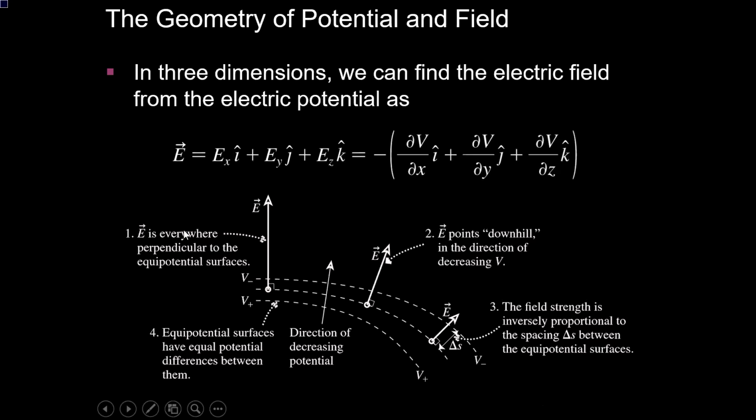What else do we observe? We also observe that electric fields are stronger when the equipotential lines are closer together. So compare the relative sizes of the field vectors on the one on the far left with the one on the right.